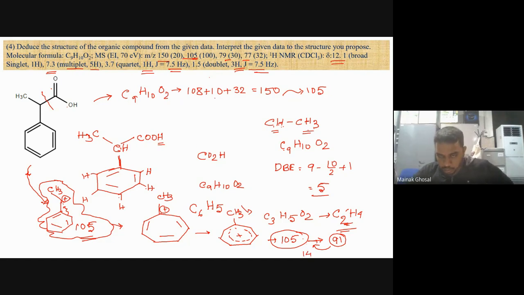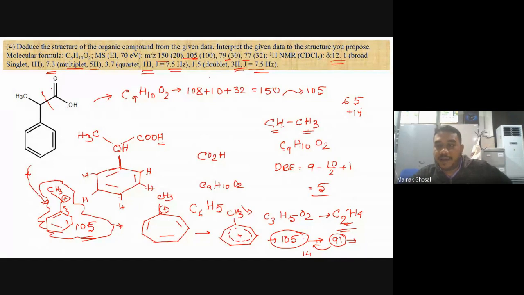Whenever I told you that the 91 peak we get along with another peak at 65, now you are getting the 105 peak. Here is another chance of getting this peak, which is present at 65 plus 40. Here the difference is 14, so you are getting a peak at an m/z that is 14 higher than the previous one.